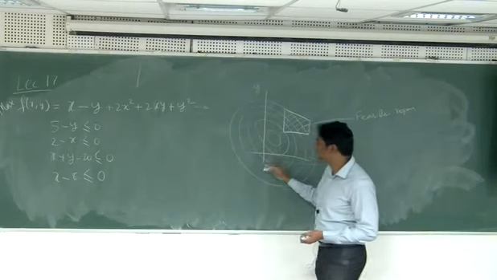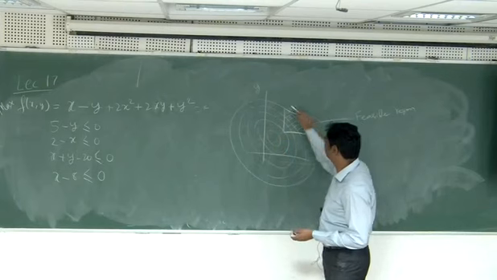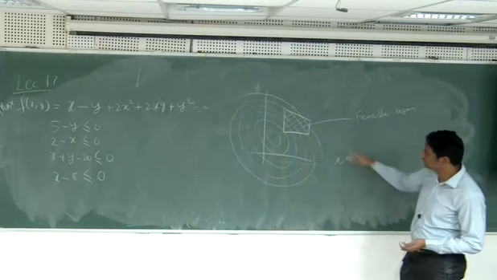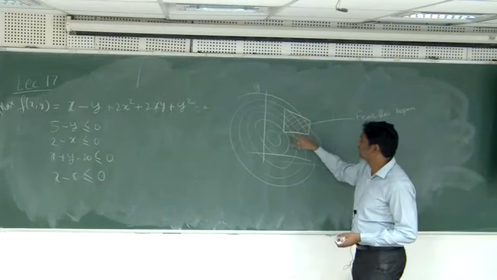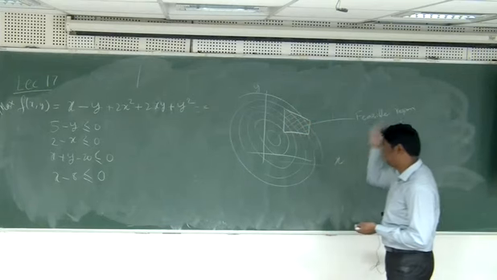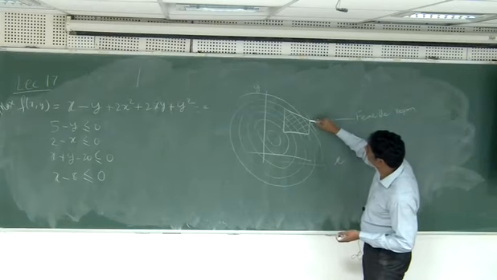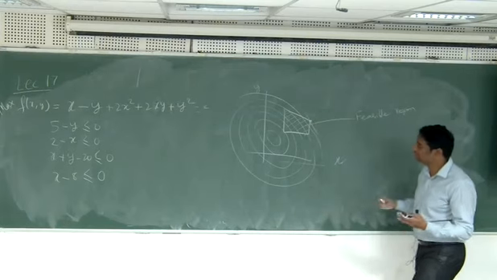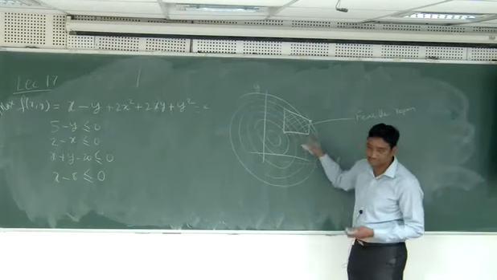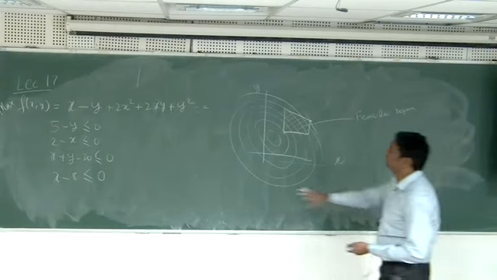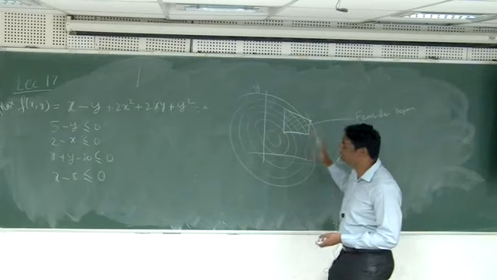If you keep on increasing the k value, you will get curves like this. But your solution should be somewhere inside this region. If the k value is increasing and you want to maximize, then this point will be your answer. If you want to minimize, then this point will be your answer. I just tried to draw the picture for this problem and it looks something like this.